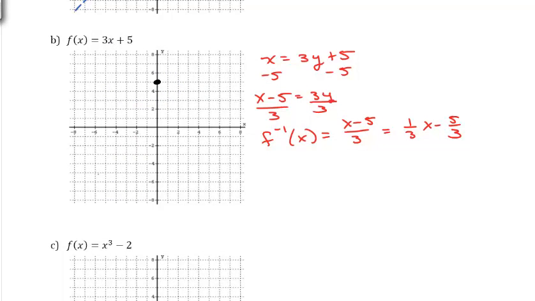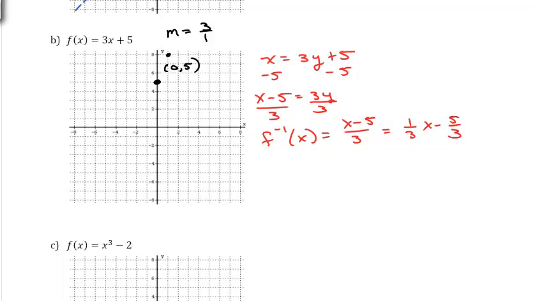So it's crossing the y-axis at 5. So that's 0, 5. And then it has a slope of 3, which you would think of as 3 over 1. And so the top number is your rise, bottom number is your run. And so we could go up 3 and to the right 1 to get another point.